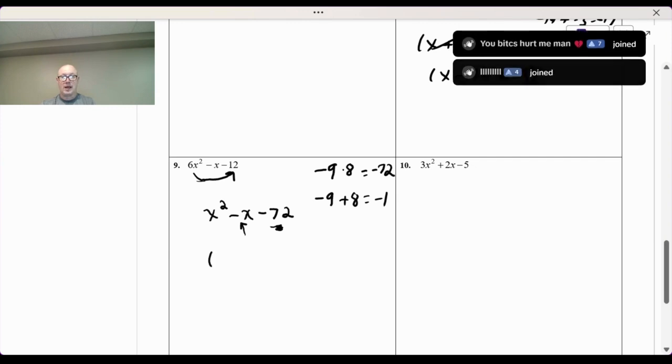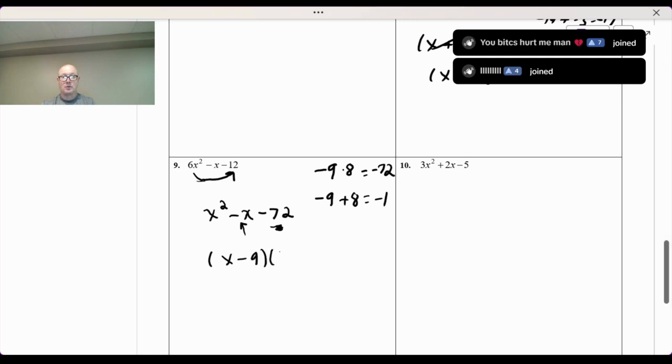So that means we have x minus 9 times x plus 8, but don't forget that you slid the 6, so we have to take that 6 and we have to divide in here. Okay, now this one's a little bit different because we're going to have to simplify this. So one thing we can do is reduce this.